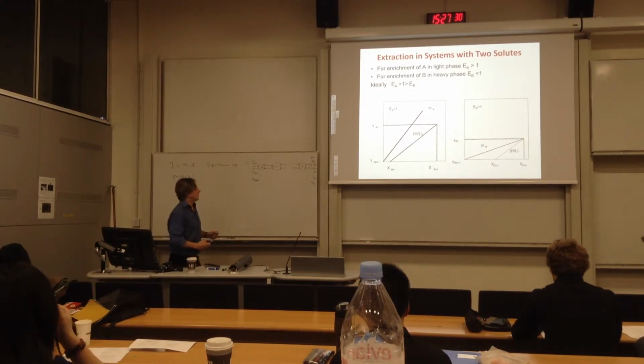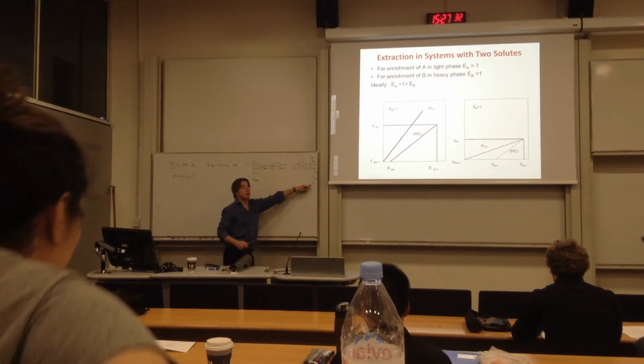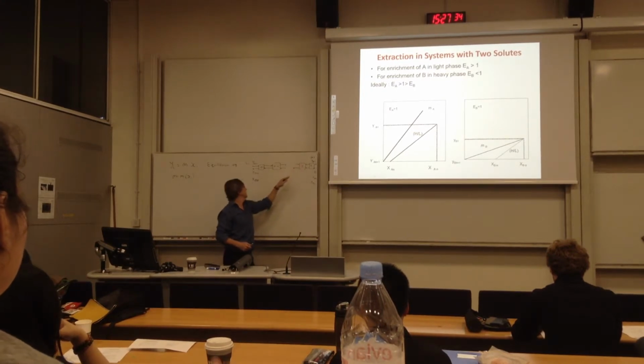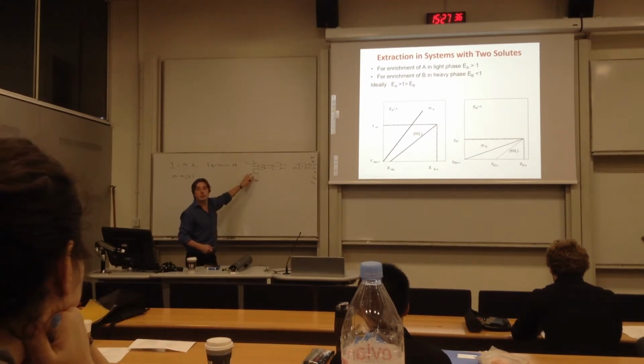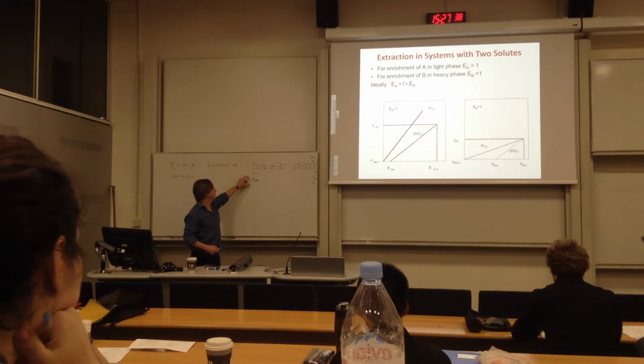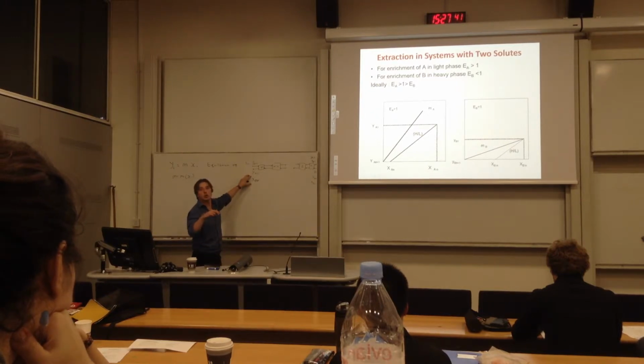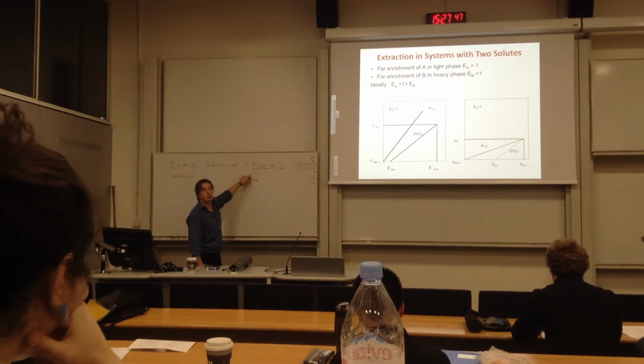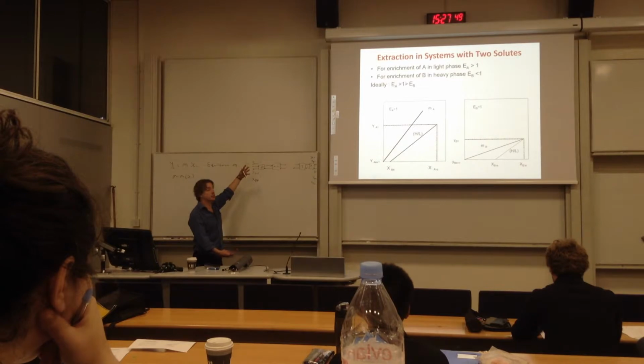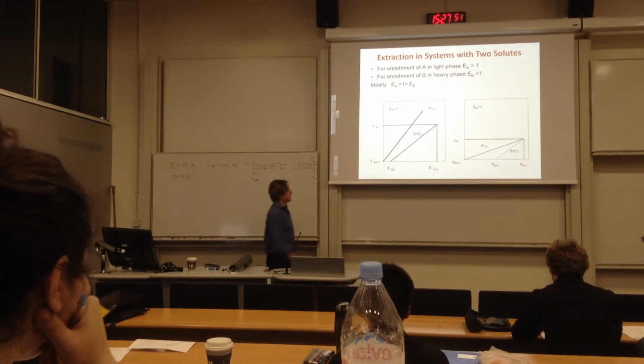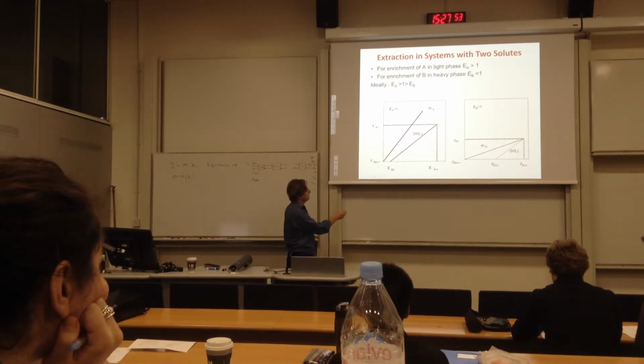If you don't transfer B to the organic phase, it will end here, so you have a large loss, the way we have defined this. But in this case, we want a large loss of B and a small loss of A, so we have a good separation, right?